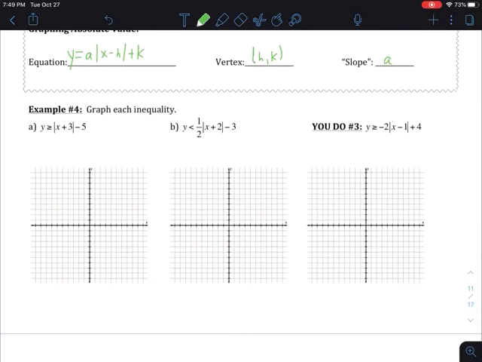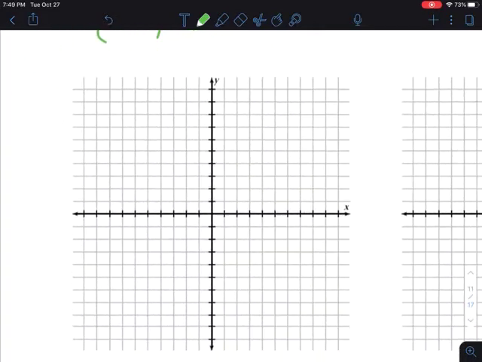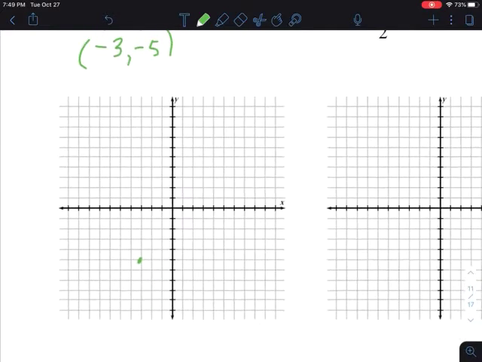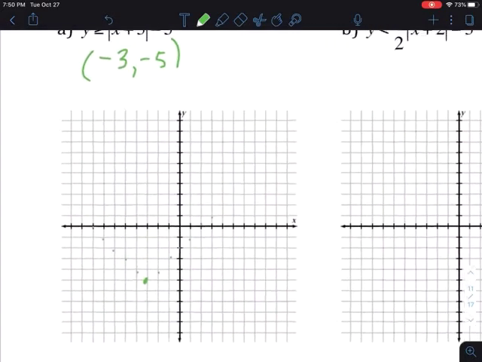Okay, let's go ahead and graph. So the first one, remember h is opposite, so the vertex is (-3, -5). The slope is not showing, so that's an invisible 1, up 1 over 1, both directions to get that V formation. Now, solid or dashed?